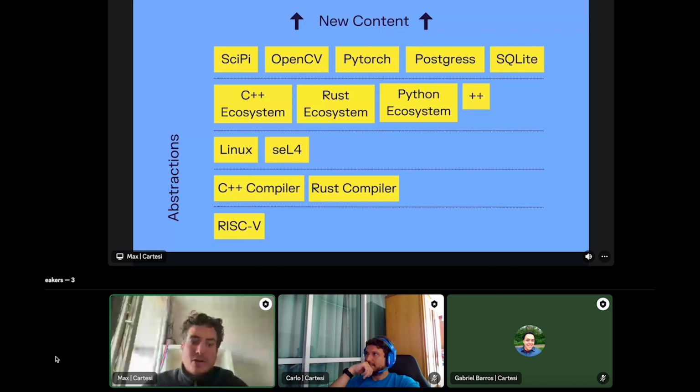You can tap into the ecosystems of C++, the Rust ecosystem, the Python ecosystem. You can even use a database for your DApps to build smart contracts, etc. So that's truly revolutionary, and it's the power that is enabled by having this compute enabled by application-specific rollups.